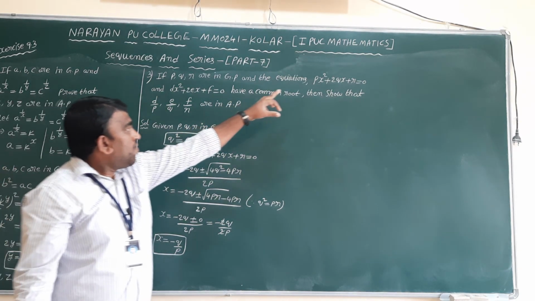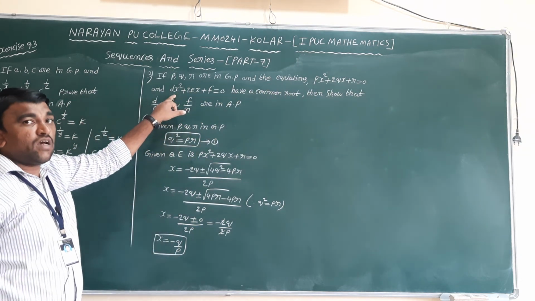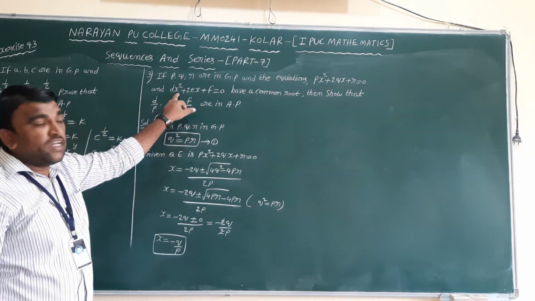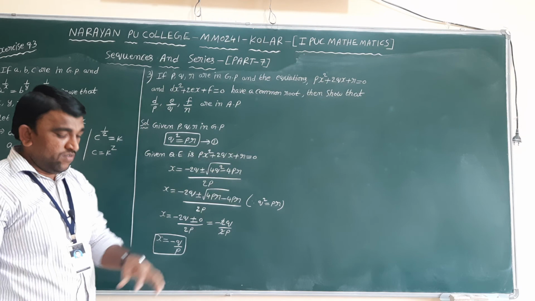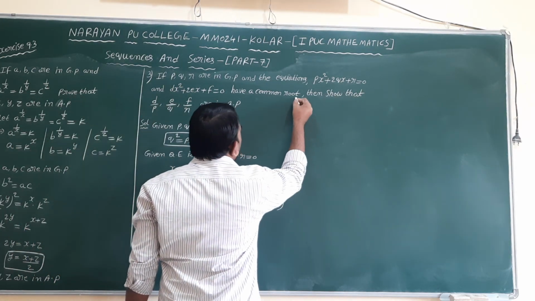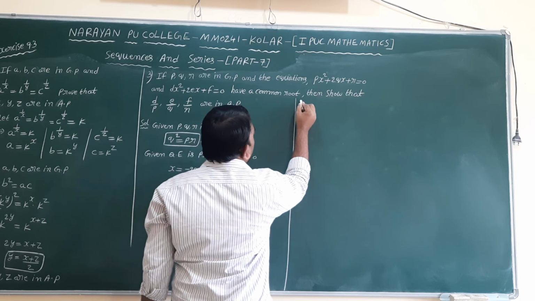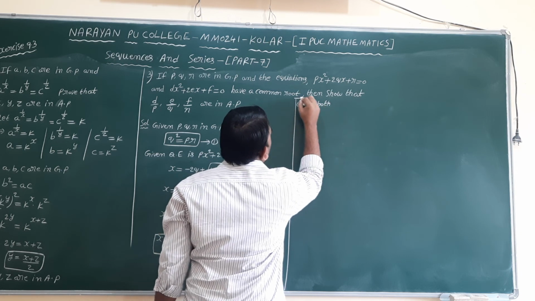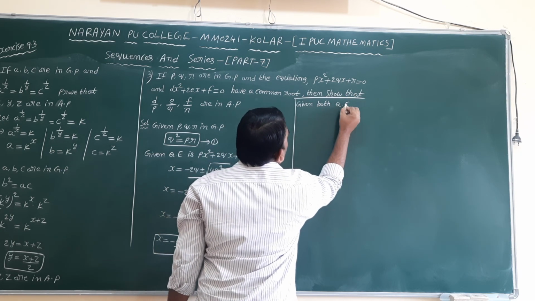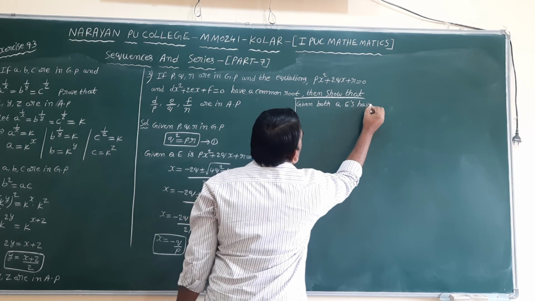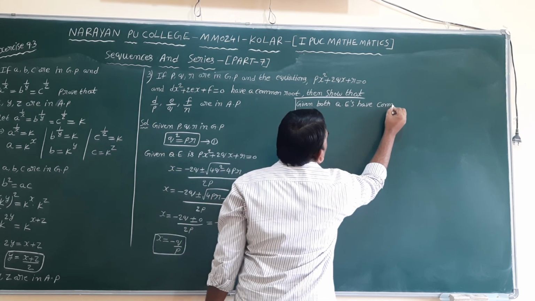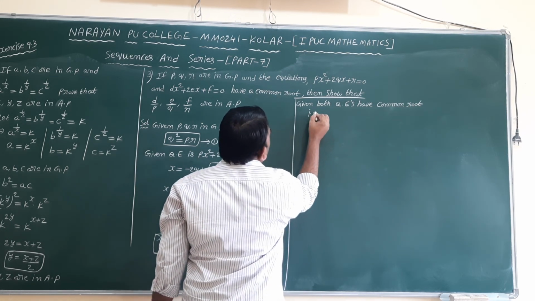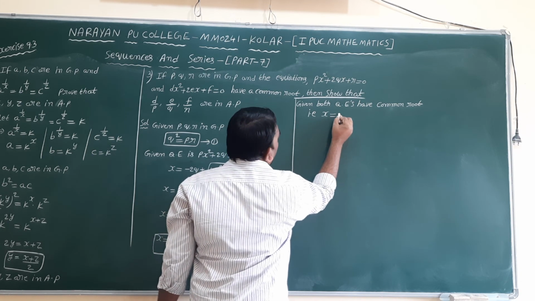They said both equations have a common root, which means it is also a solution of dx square plus 2ex plus f equal to 0. So given both quadratic equations have a common root, that is x equal to minus q by p.